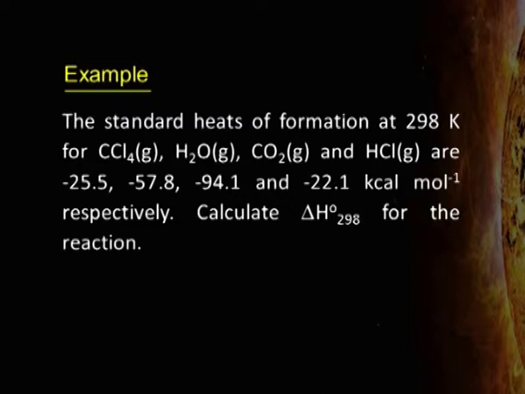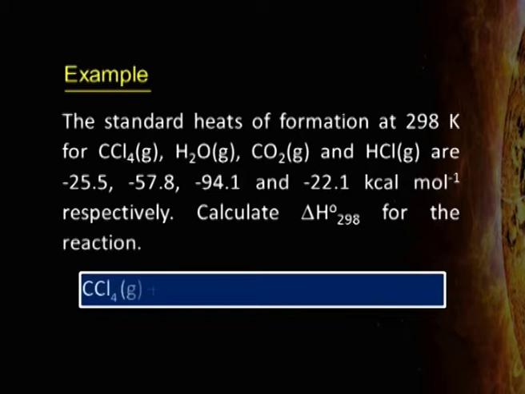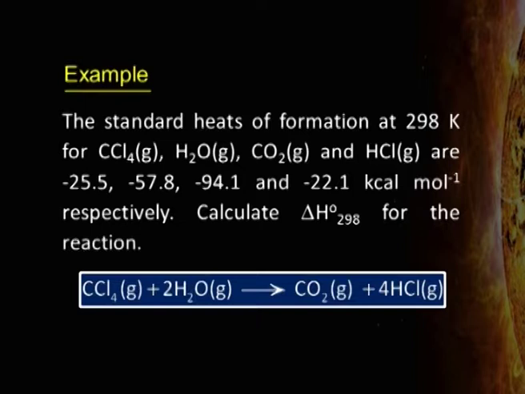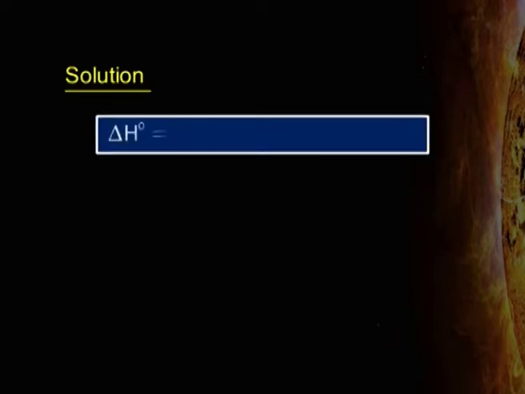Calculate delta H naught at 298 kelvins for the reaction CCl4 gaseous plus 2H2O gaseous giving you CO2 gaseous plus 4HCl gaseous. Here also you know that delta H naught of reaction will be equal to delta H naught of products minus delta H naught of reactants.